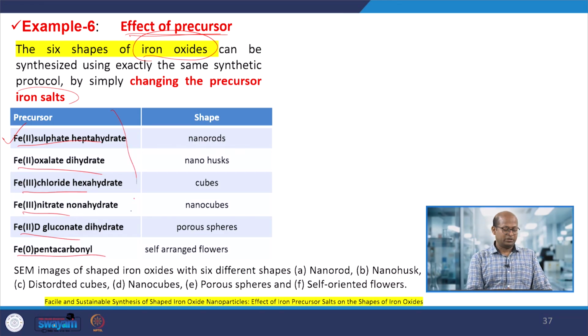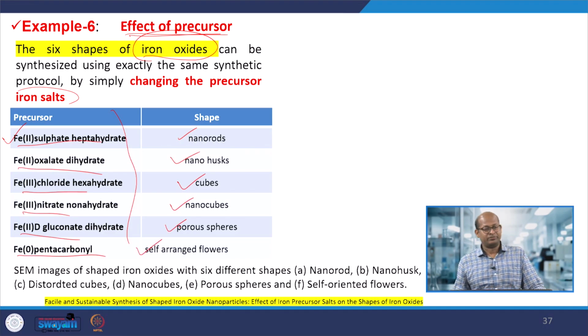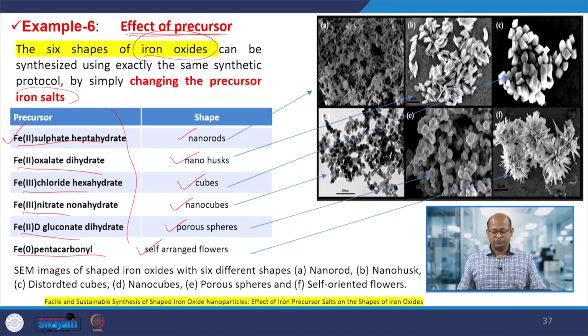These are the source materials that give us iron. Different shapes form: nanorods, nanohusks, nanocubes, porous spheres, self-arranged flower-like structures. Depending upon the source of precursors, the structural property and morphology of the materials differ.